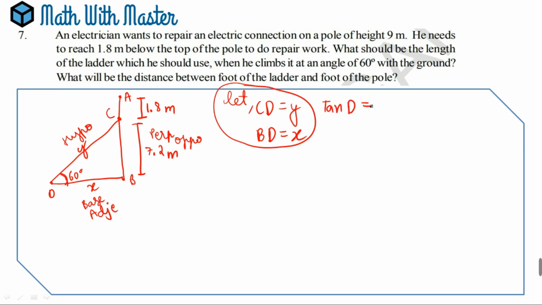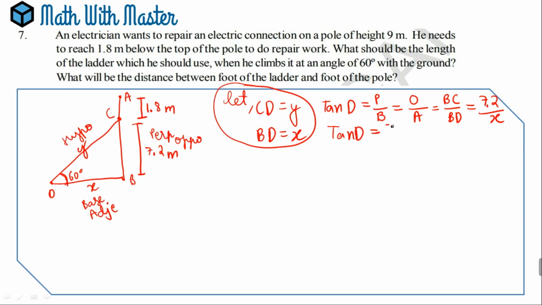So tan D is equal to perpendicular upon base, which is also equal to opposite upon adjacent, which is equal to BC upon BD, which here is 7.2 upon x. So tan D is equal to 7.2 upon x.